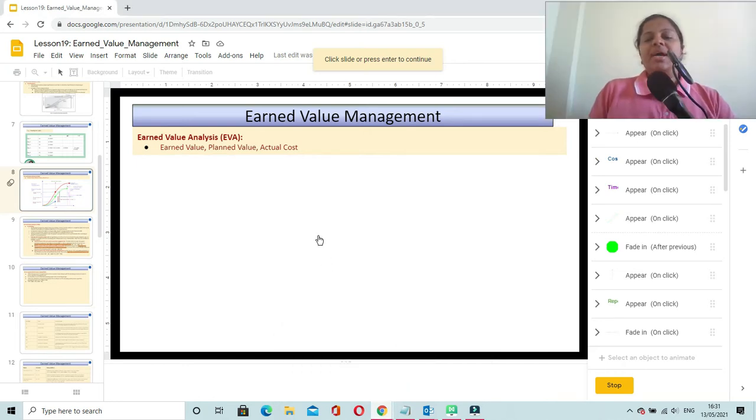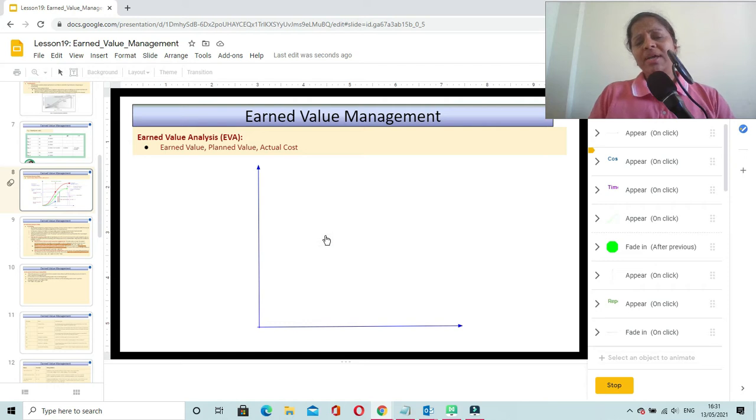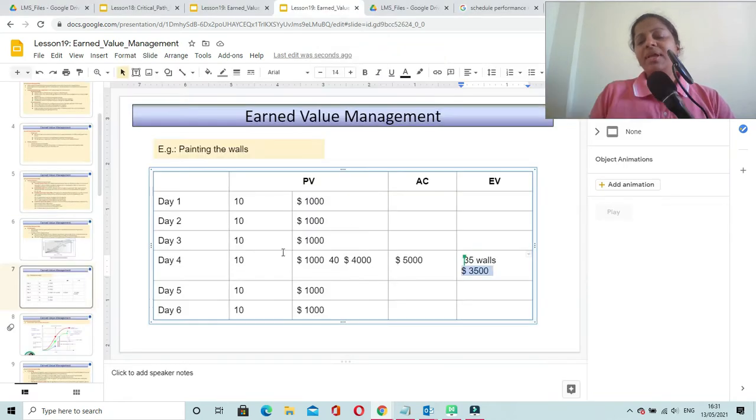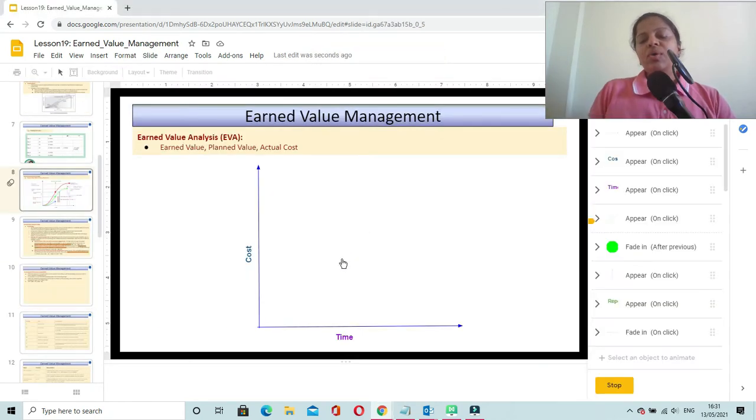Now in this graph, let us plot time against cost for your project, and let us measure the performance on a particular day, that is day 4 in our example. So here this is the ideal curve of your performance, and on day 4 we are going to measure.